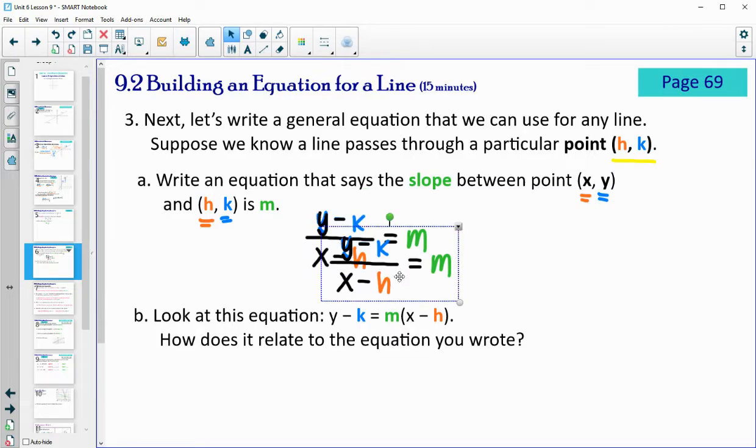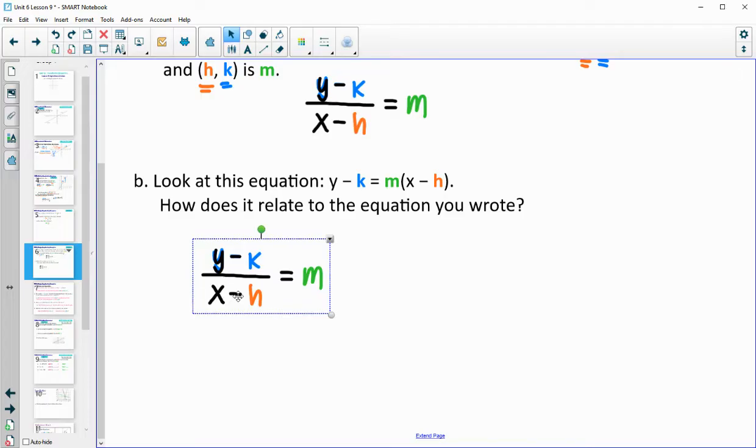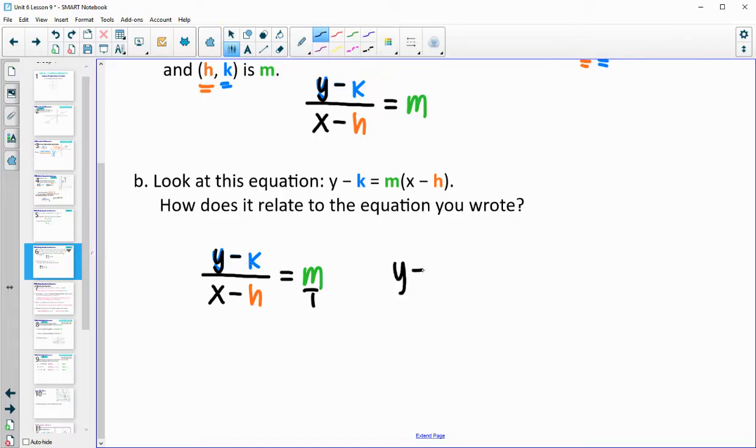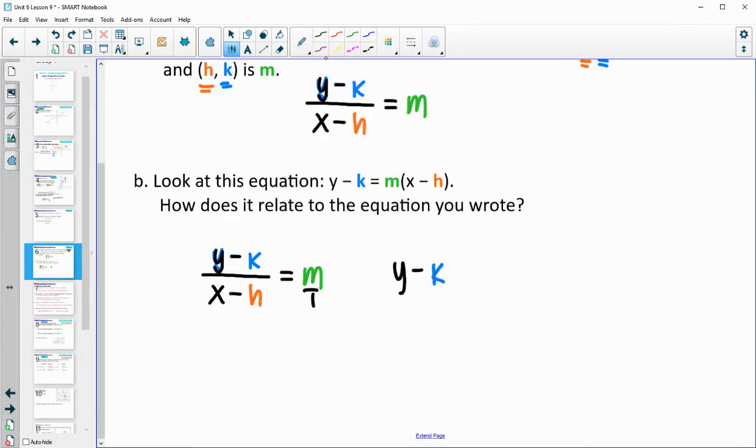So if we took this part and just rearranged those terms, we could look at it as a proportion again, and we could do cross multiplication. So thinking of a 1 under there, we multiply the 1 times the y minus k, and we just get y minus k. Then equals, and we take this x minus h and multiply it times the m.